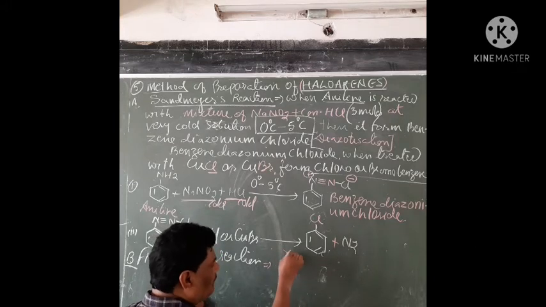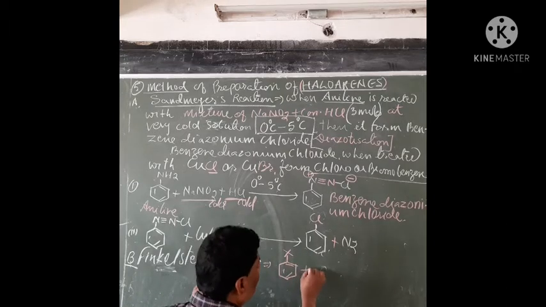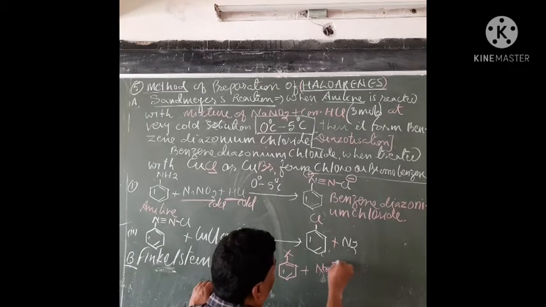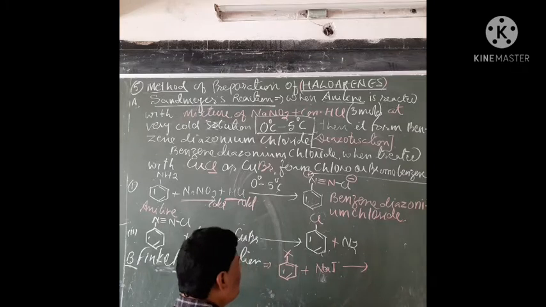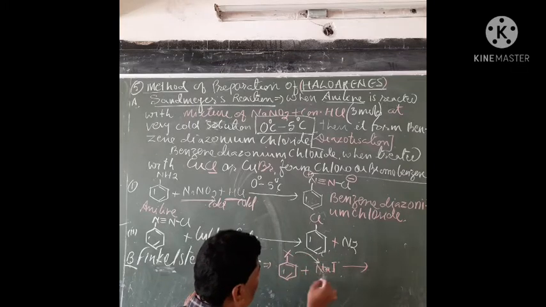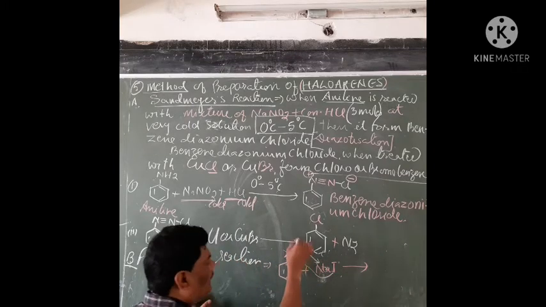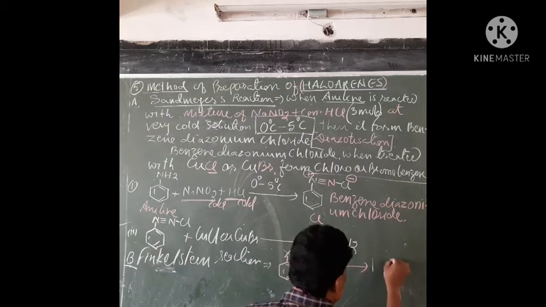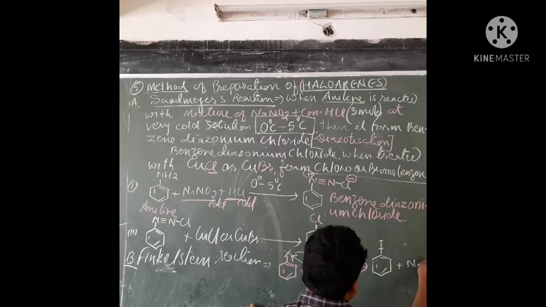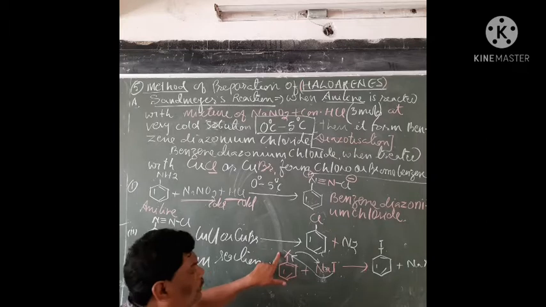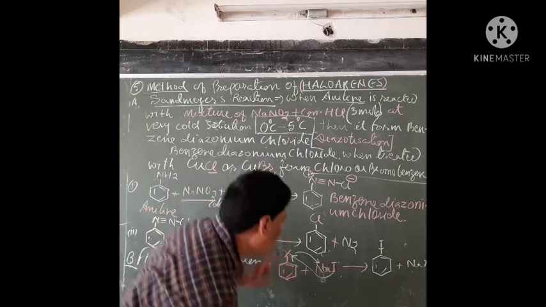Therefore I am writing X. So X should be chloro or bromobenzene. When treated with sodium iodide, then exchange of halogen takes place, means X leaves here and I enters here, thus forming iodobenzene. This is iodobenzene plus NaX. Remember, X should be Cl or it should be Br.